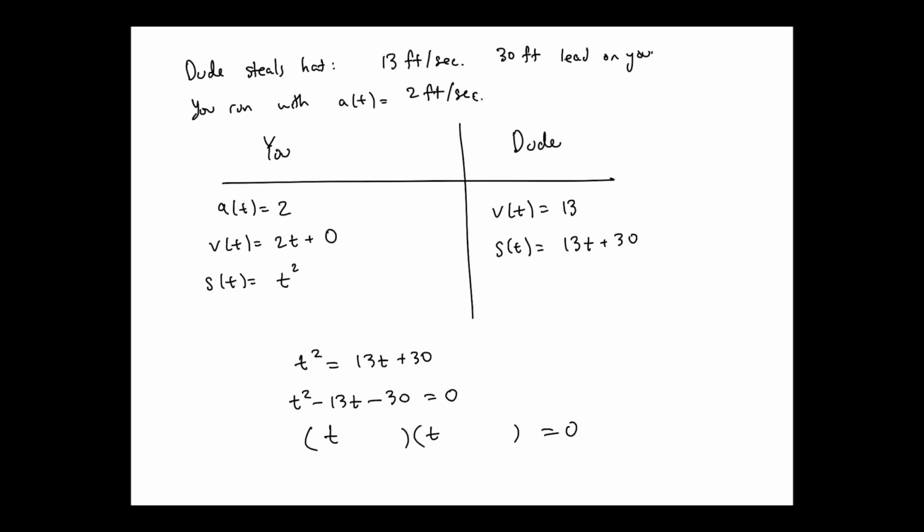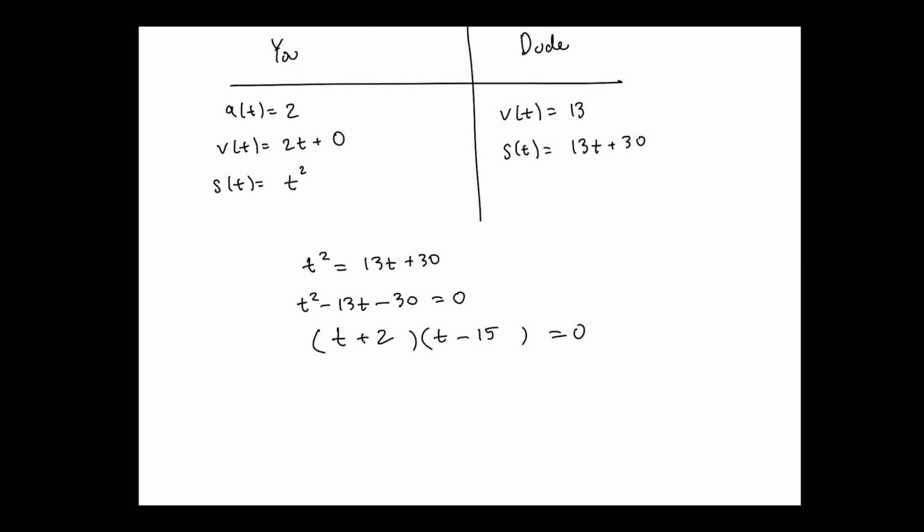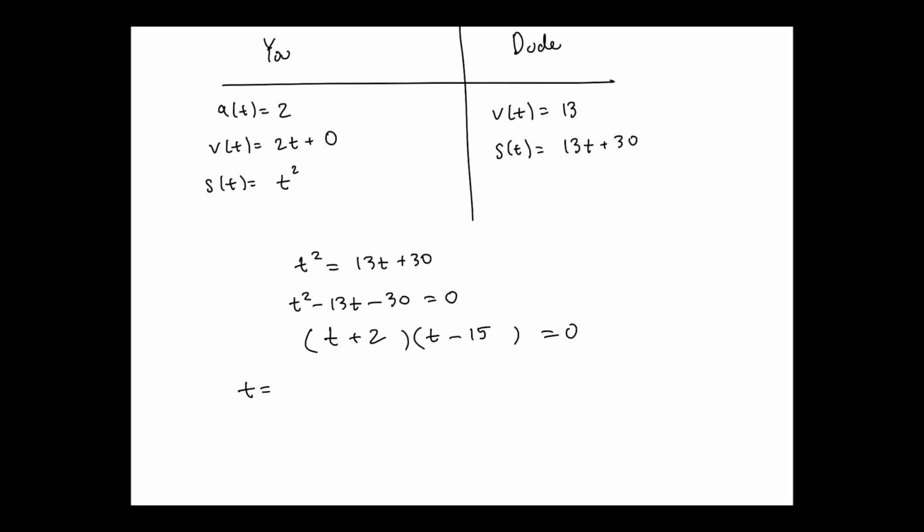We need two things that multiply to give minus 30 and add up to give minus 13. 15 and 2 does the job, right? Okay. So the 15 needs to be the negative one, and the 2 needs to be the positive one. Okay? All right, so what do we get for our solutions?